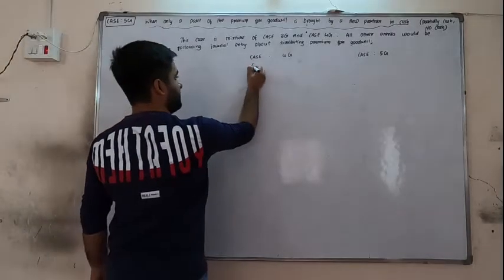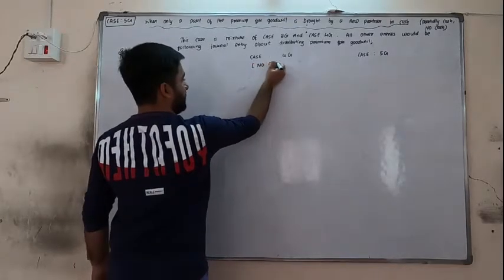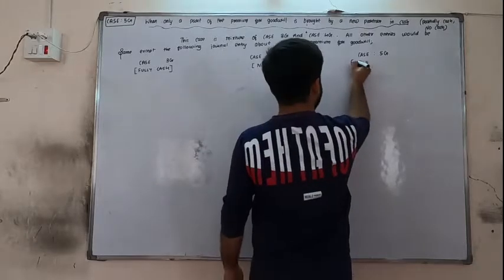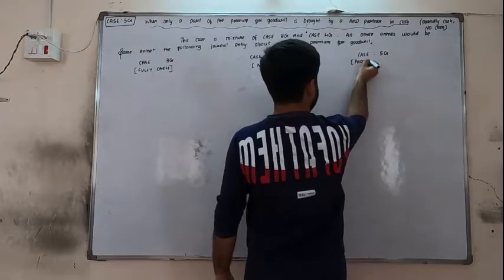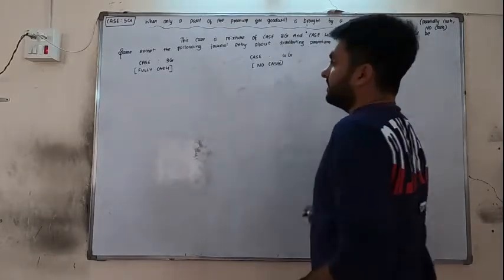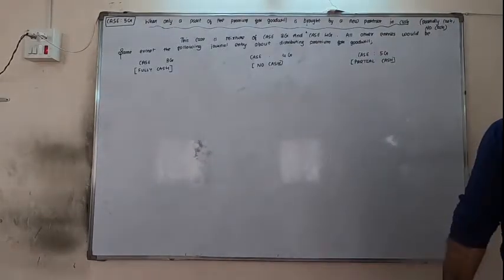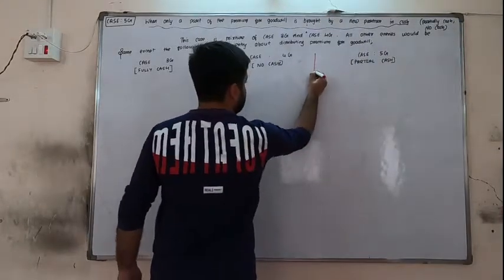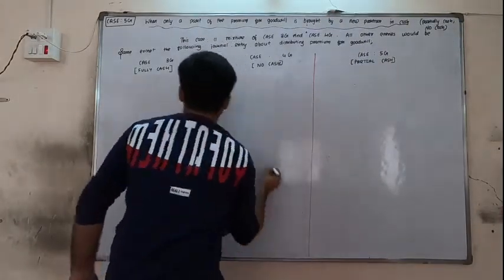In case 4G it is no cash for goodwill premium, and in case 5G partial cash. Now we will learn the entries of case 3G, 4G, and based on that we will make entries for case 5G.